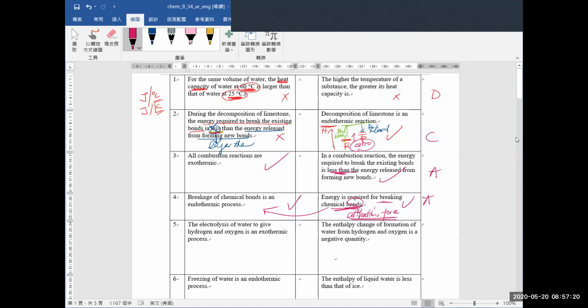So question 5. The electrolysis of water gives hydrogen and oxygen as an exothermic process. The enthalpy change of formation of water from hydrogen and oxygen is a negative quantity.